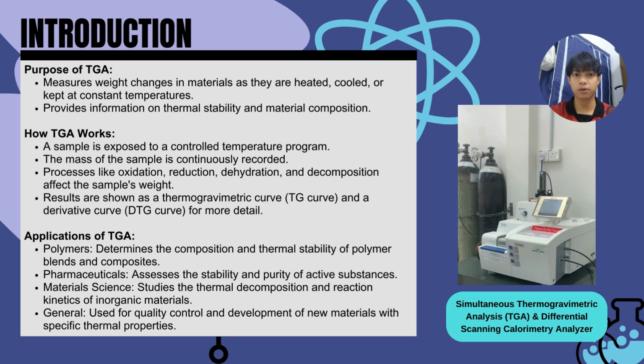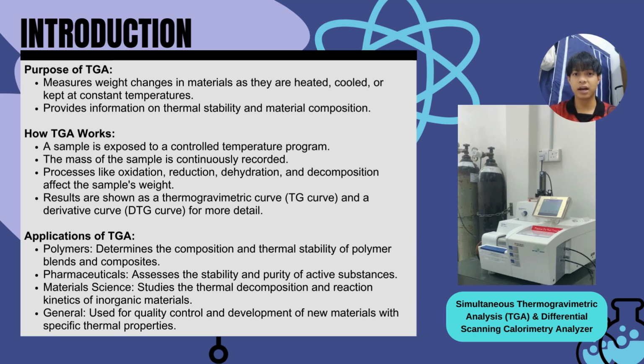Now, let's look at how TGA works. First, a sample is exposed to a controlled temperature program. As the temperature changes, the mass of the sample is continuously recorded. Various processes like oxidation, reduction, dehydration, and decomposition can affect the sample weight.